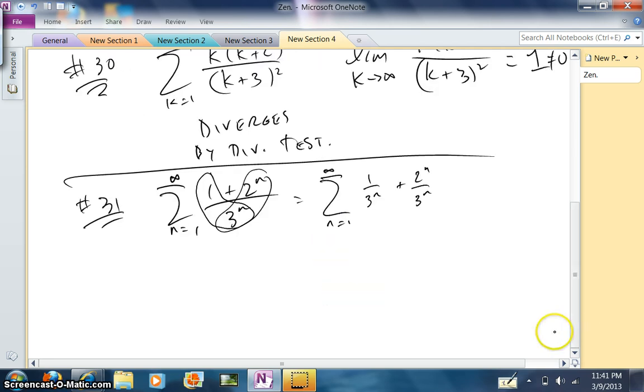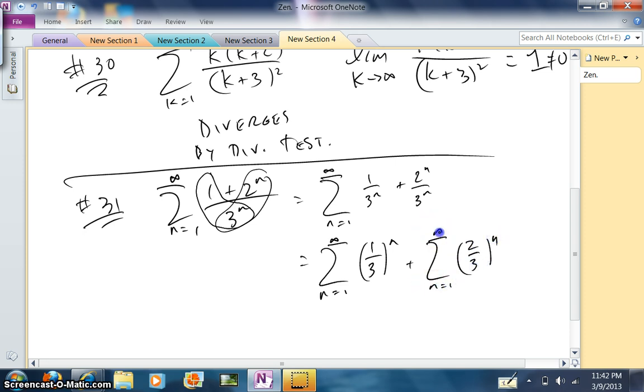Then I'm going to separate this into two series. There's the sum of 1/3 to the n, n equals 1 to infinity, plus the sum of 2/3 to the n, n equals 1 to infinity. I want you to notice that this isn't exactly in the geometric series form.